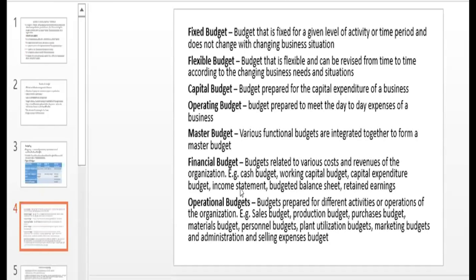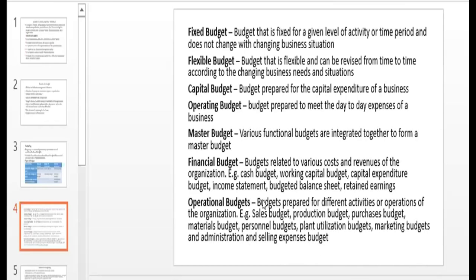Operational budgets are budgets prepared for different activities or operations of the organization. For example, we can have a sales budget, production budget, purchases budget, materials budget, personnel budgets, planned utilization budgets, marketing budgets, and administration and selling expenses budgets.